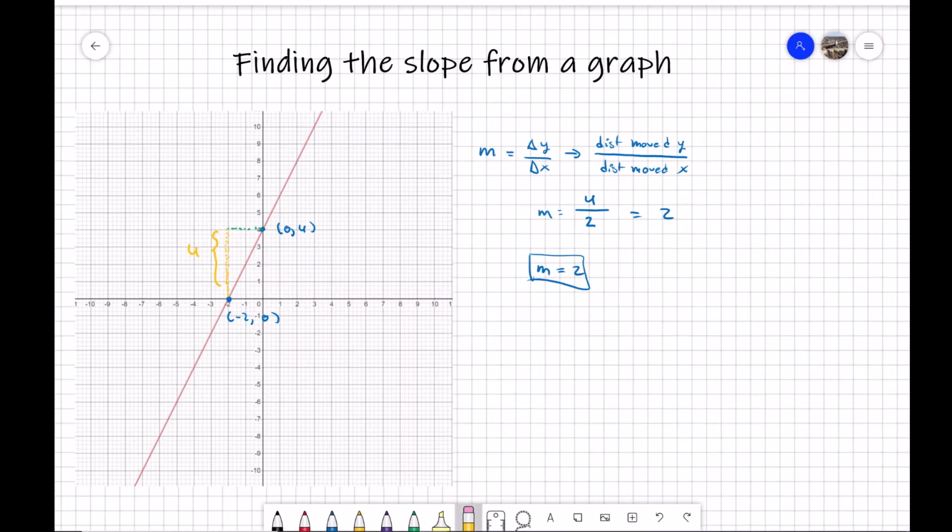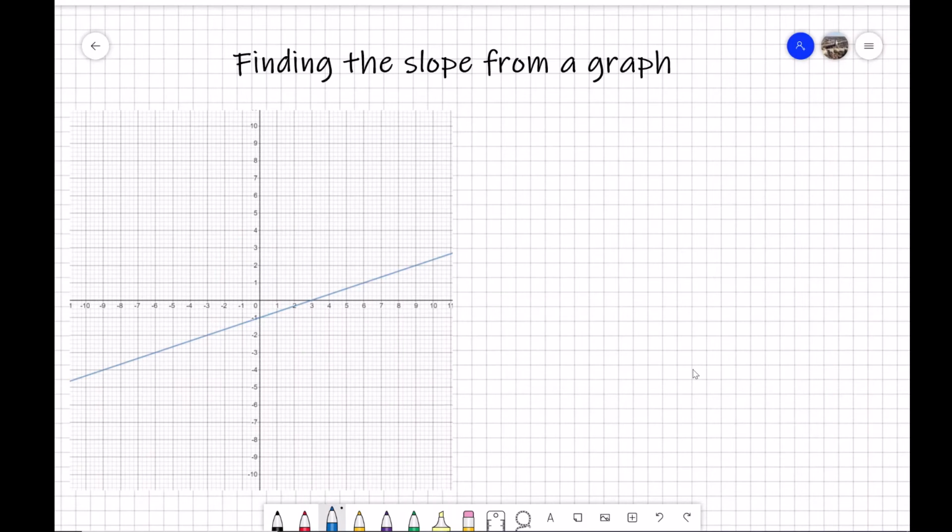Now let's take a look at the second example. Again we need to find the slope. First we're going to take 2 points. I'm going to take this point, which is 0,-1, and this other point, which is 6,1.